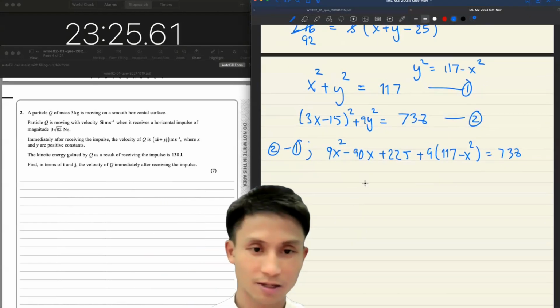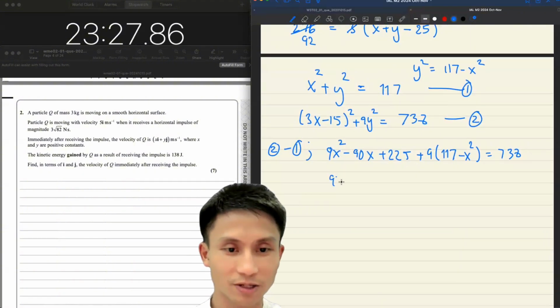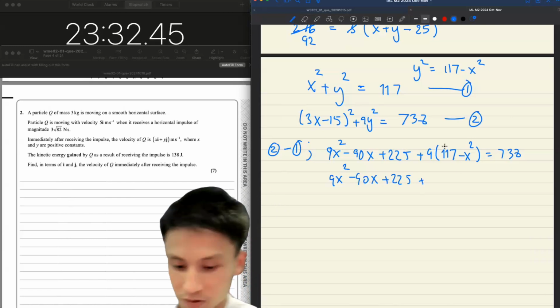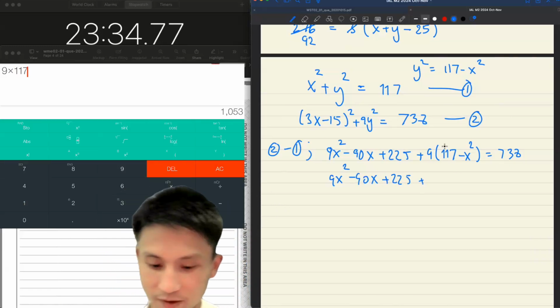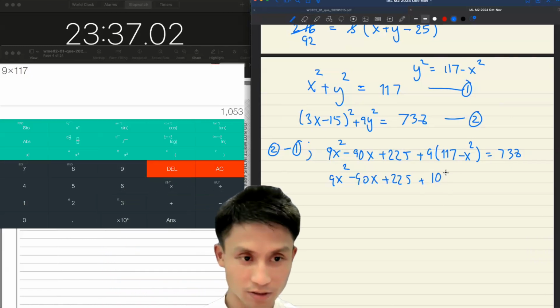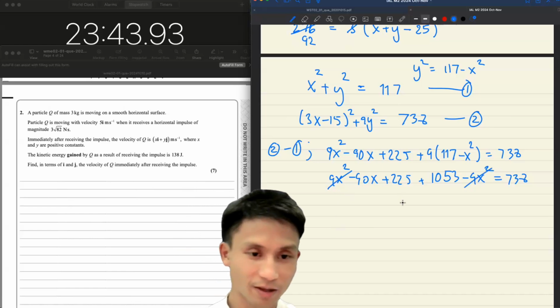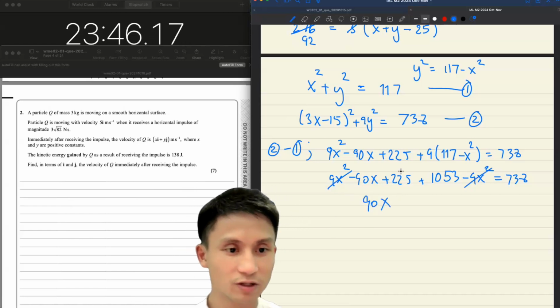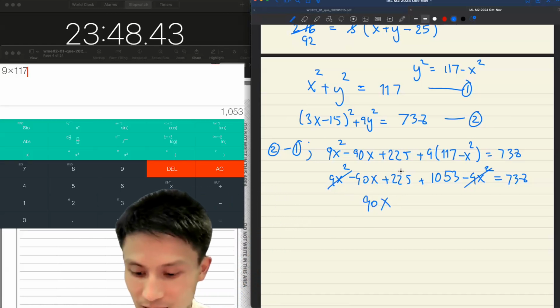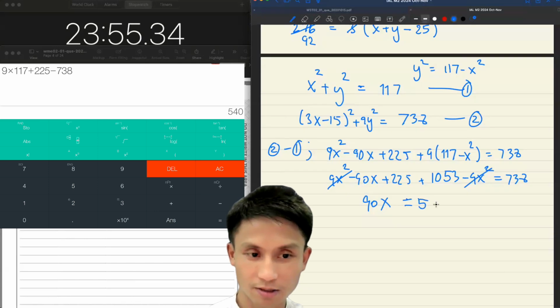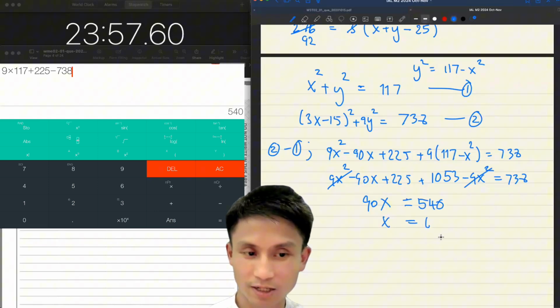This time it's better because we can cancel the x squared. 9 times 117, I get 1053, and this is a minus 9x squared, so we can cancel that. This is faster. So 90x moving to the right, and on the left I have 1053 plus 225 minus 738. Nice, that feels much better.